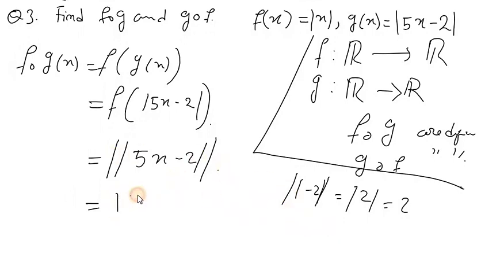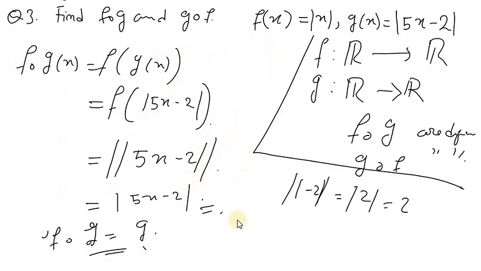So this will be absolute value of 5x minus 2. Okay, so you can see that these are the same, so therefore f of g is equal to g.